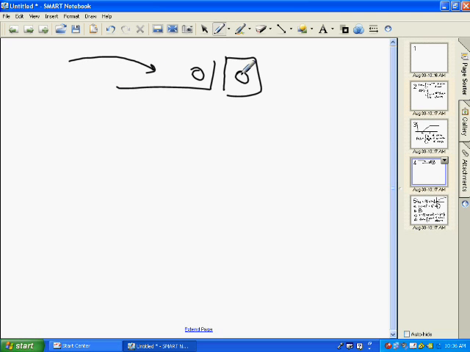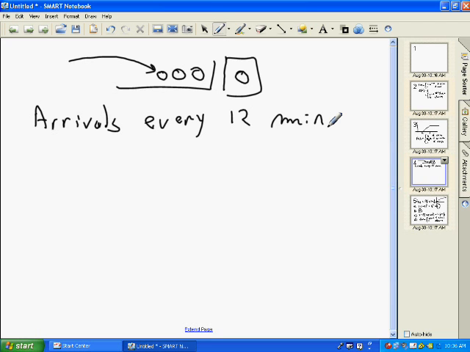They're going to go into one server, and then they'll queue behind the server if they have to. What we're going to do is have arrivals coming every 12 minutes. So every 12 minutes an arrival is going to come. And then there's going to be a service. The service is random.